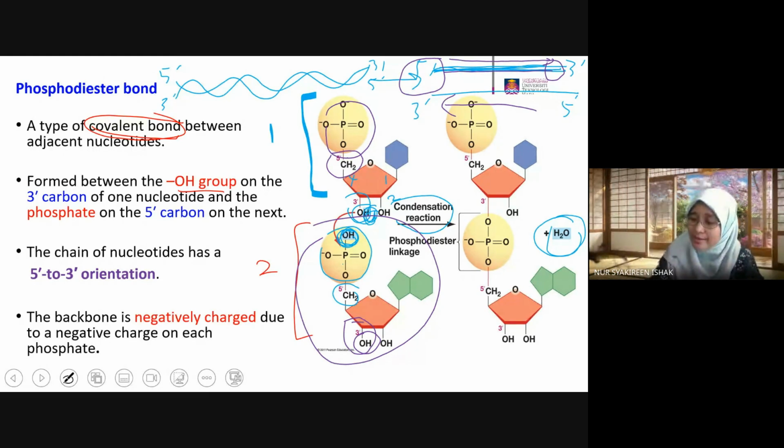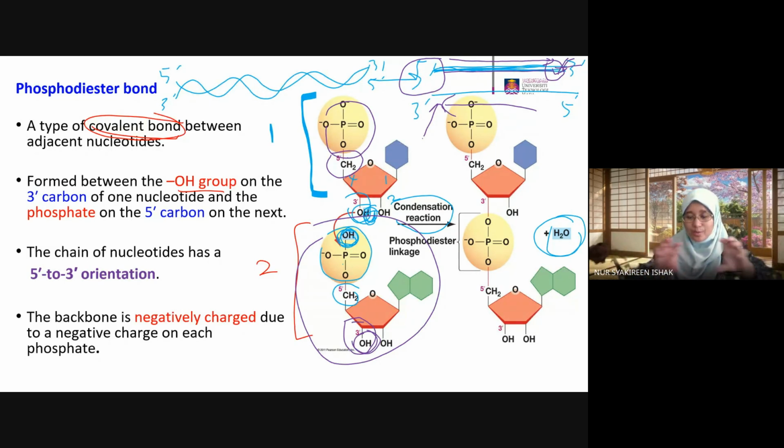By having a hydroxyl group at the 3' end, what is the feature? At this end, you can add more nucleotides, more nucleotides, more nucleotides. In order to add new nucleotides along the polynucleotide chain, you can only add at the end labelled 3' end. So I repeat, a polynucleotide chain starts with a 5' carbon that is bonded to its phosphate.